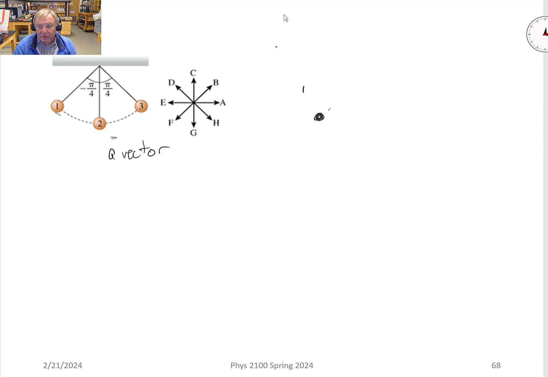and so we know that there's a tension here from whatever this is, a bar or rope, and then there's a weight vector. So these are the real forces, and there could be an F centripetal.